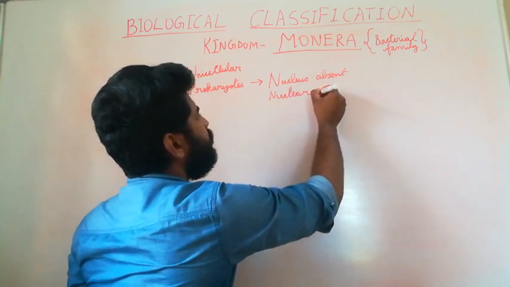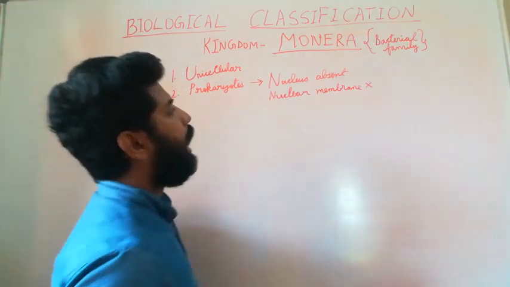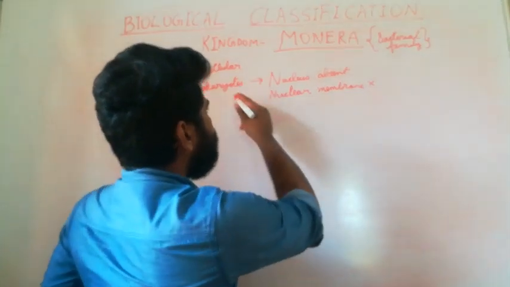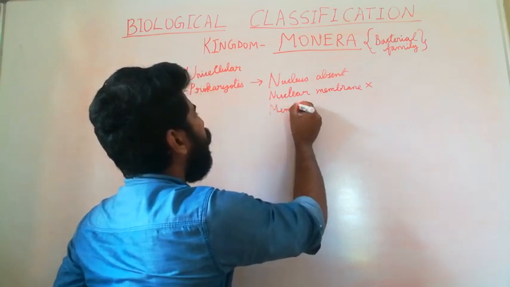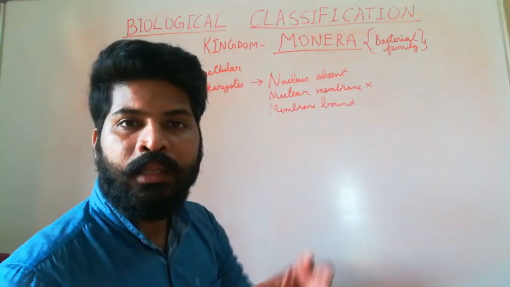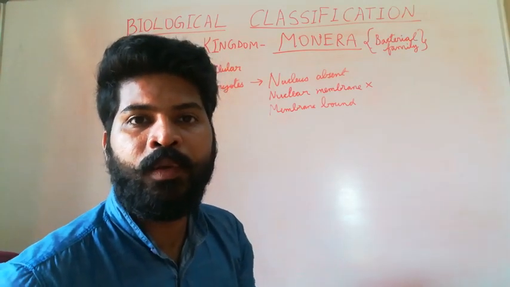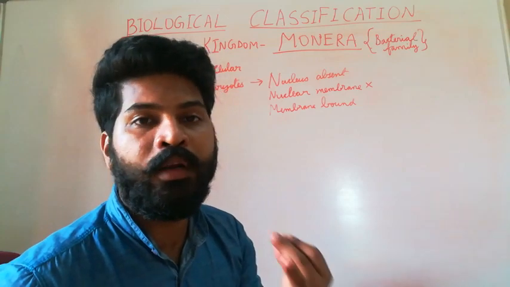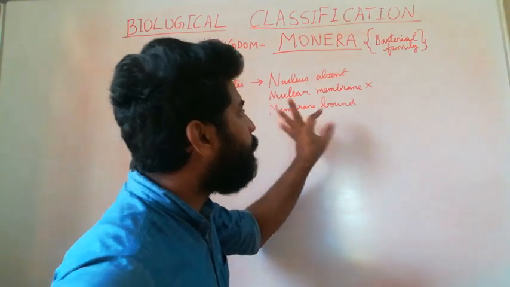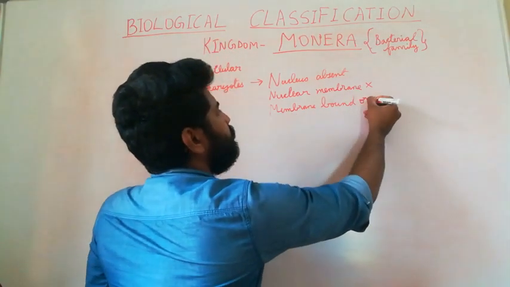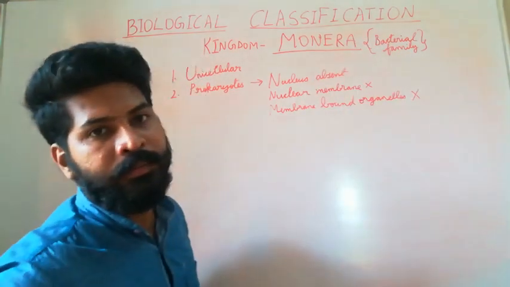Nuclear membrane is also not present, it is absent, and they do not have any membrane bound organelles. Inside the cell there are many organelles like endoplasmic reticulum, Golgi apparatus, mitochondria, chloroplast, vacuole, etc. So all these membrane bound organelles are absent.